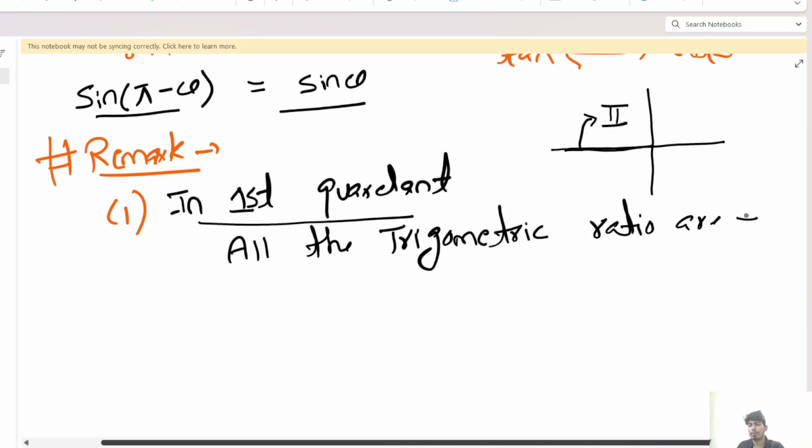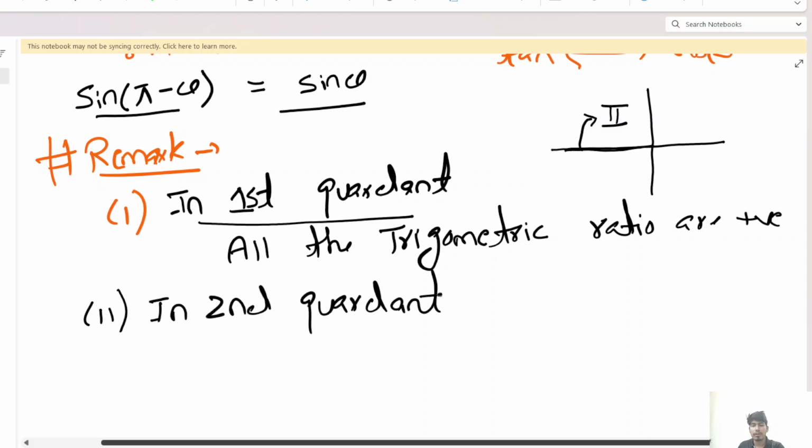Okay, then in the second quadrant, only sine and cosecant theta are positive.